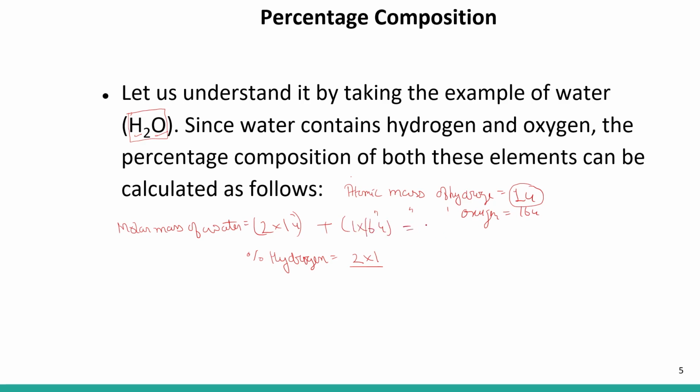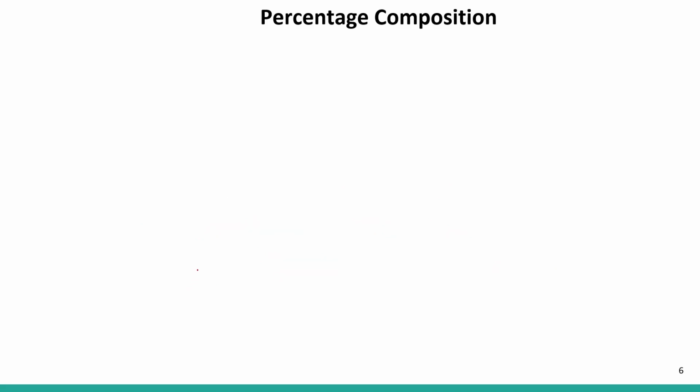So we get 18.0 U. I will divide by the molar mass and multiply by 100. 2 9s are 18, 9 1s are 9. If you calculate it, it will be 100 by 9 percent. This is your required percentage of the element hydrogen.